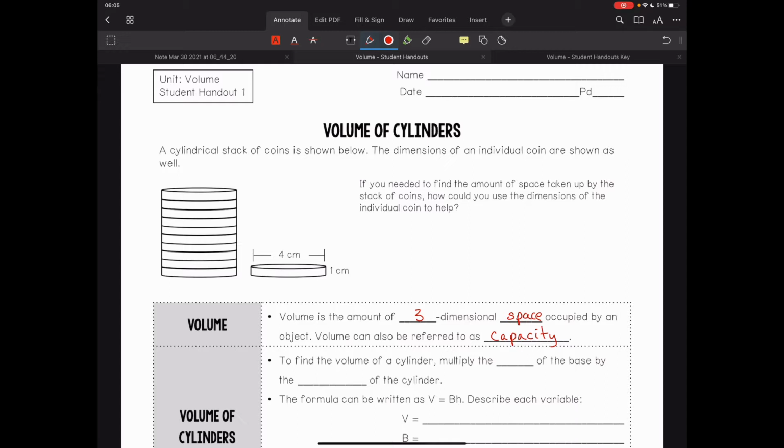To calculate the volume of something, we're going to multiply the area of the base by the height of the cylinder. You might want to keep in mind that the height is not always the vertical distance, so it's not always going from the top to the bottom. It's just the distance between the bases of an object.